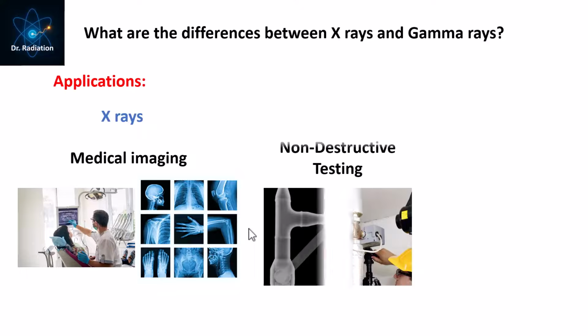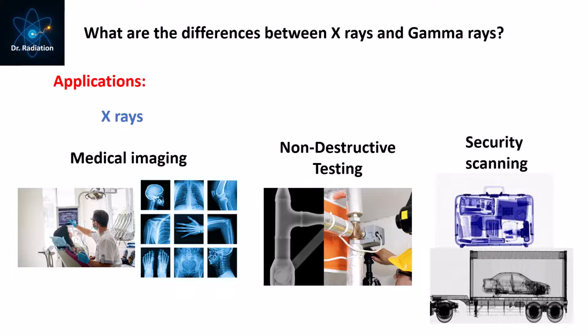Other than medical imaging, they are also used in non-destructive testing, where we can detect fractures inside tubes and other structures by images produced by X-rays. The other important application that you can see in everyday life is security scanning for suitcases, for example in airports, or cargo imaging at ports, where you can see inside big cargos for security reasons.